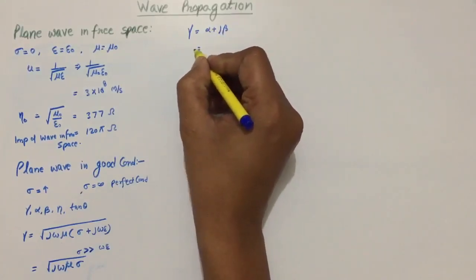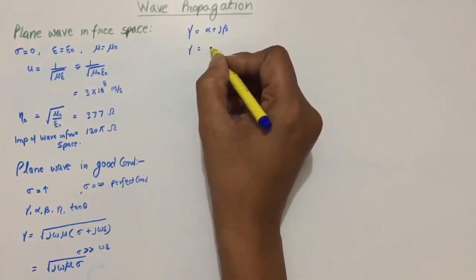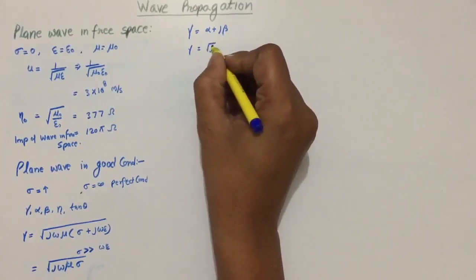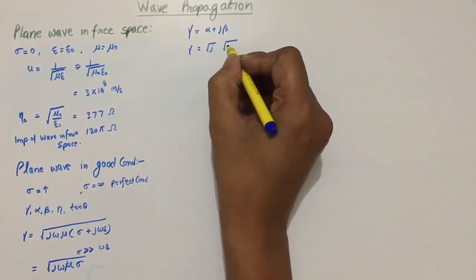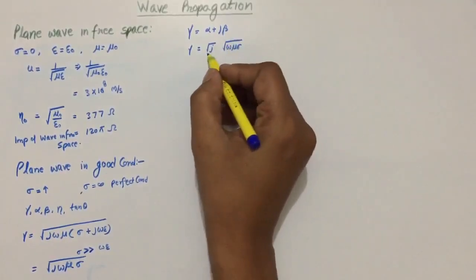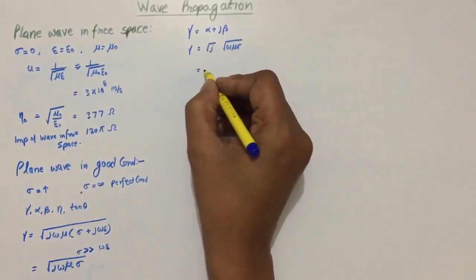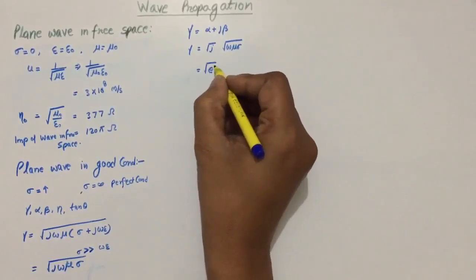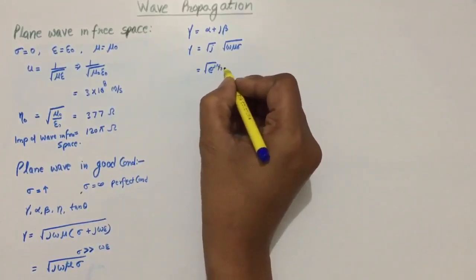We have gamma equal to under root j times under root omega mu sigma, and j can be written as e to the power j pi by 2.